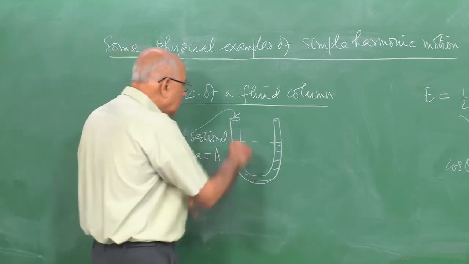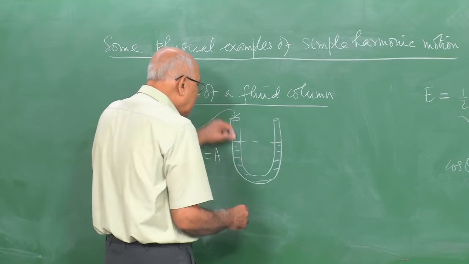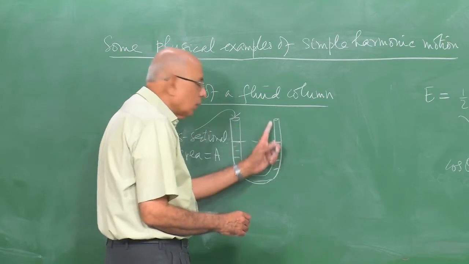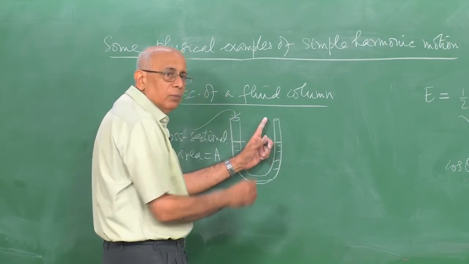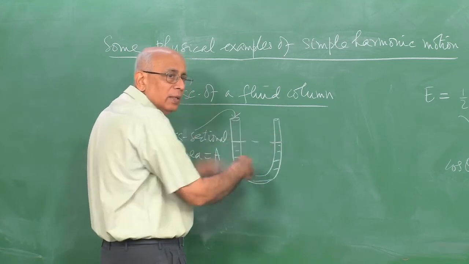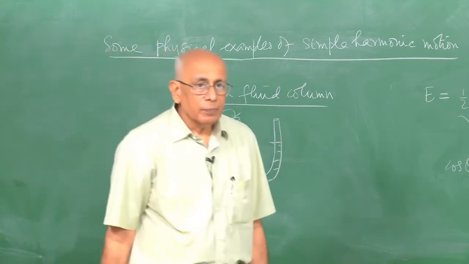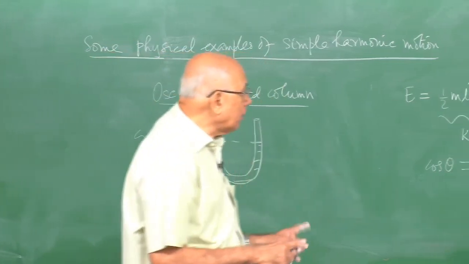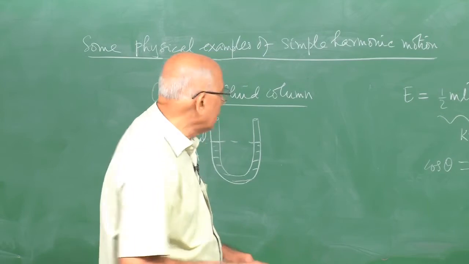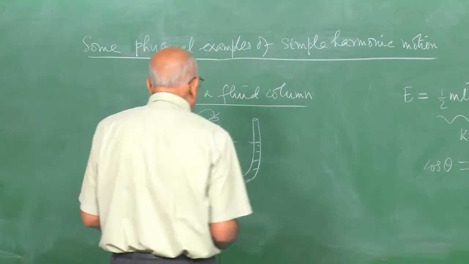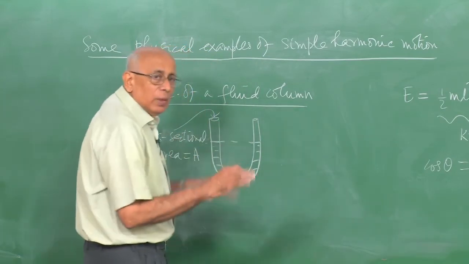Then when I pour this fluid in, you can see that if I push this a little bit harder here, the fluid goes up there, and then whatever is the excess height there comes down, and then the whole thing oscillates. And if there is no friction, this will go on forever. If there is friction, and we will talk about damped simple harmonic motion a little later, then of course the oscillations subside, but otherwise the fluid will oscillate forever.